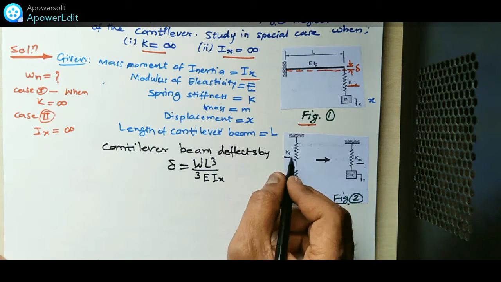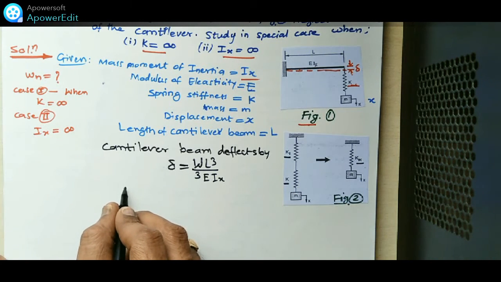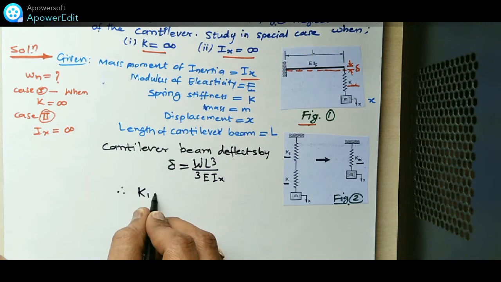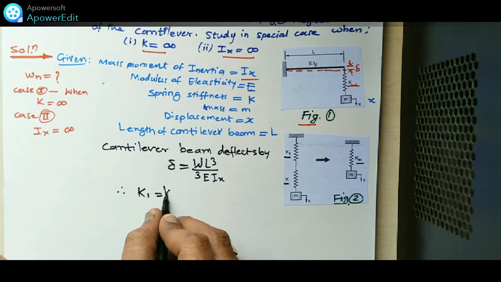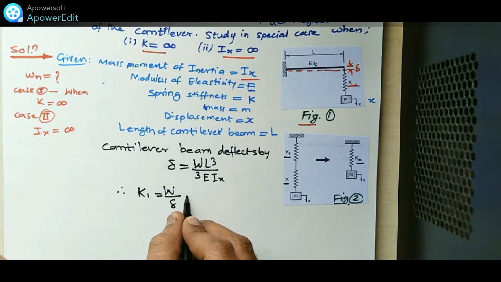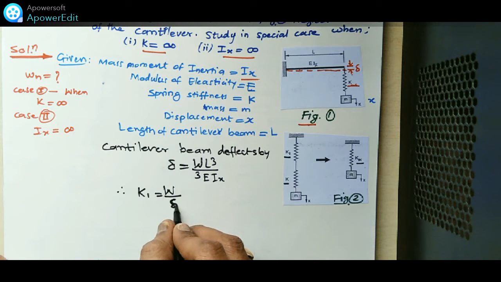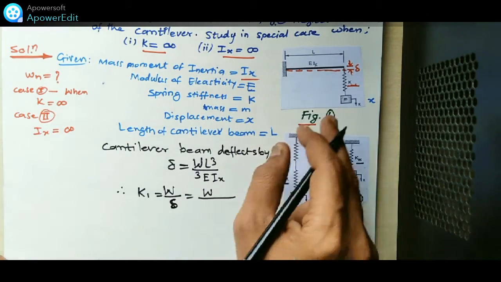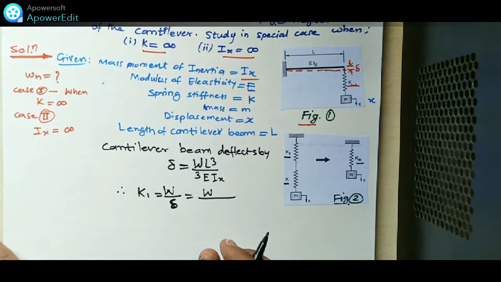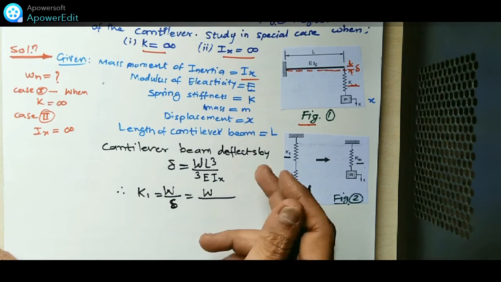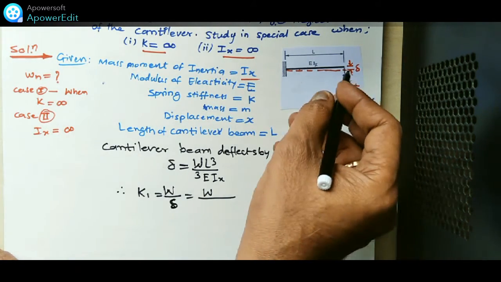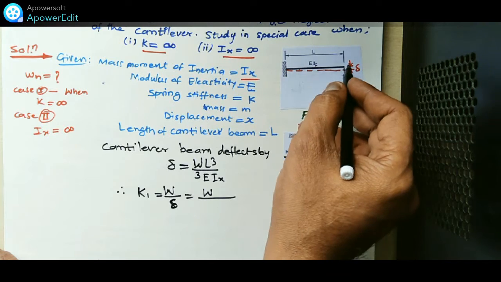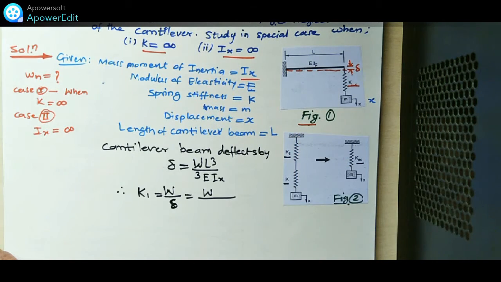But before that, how do we find the value of K1? K1 is equal to, you can find out by using this formula, W upon delta. What is W? It is not only the weight, it is the total force applied at the end of this beam.